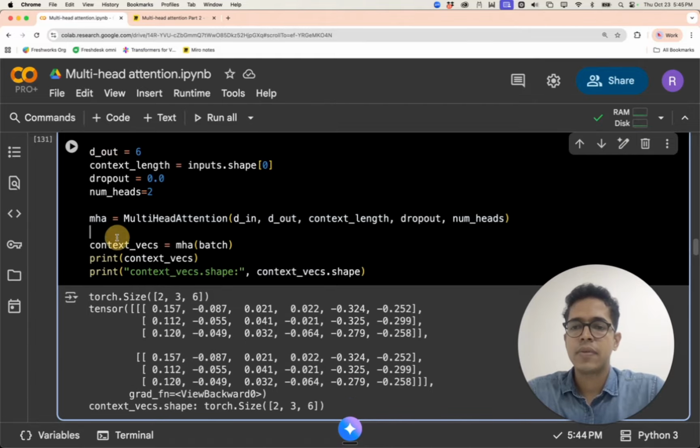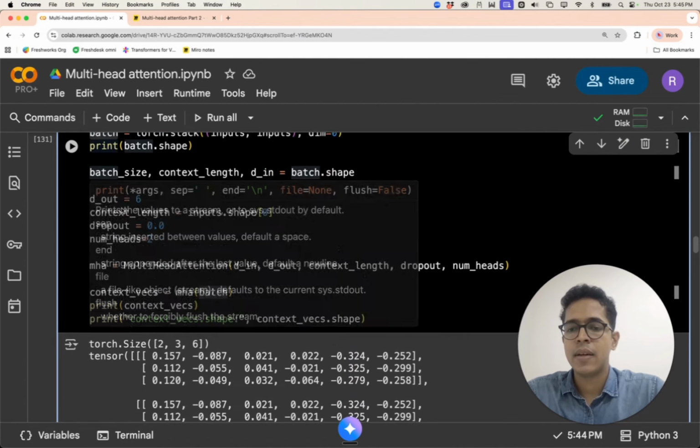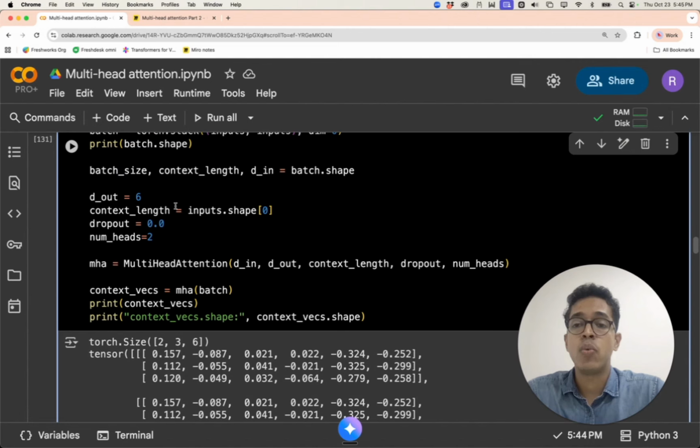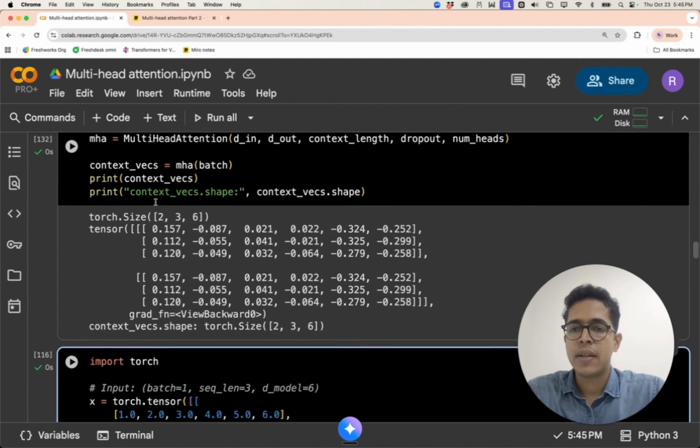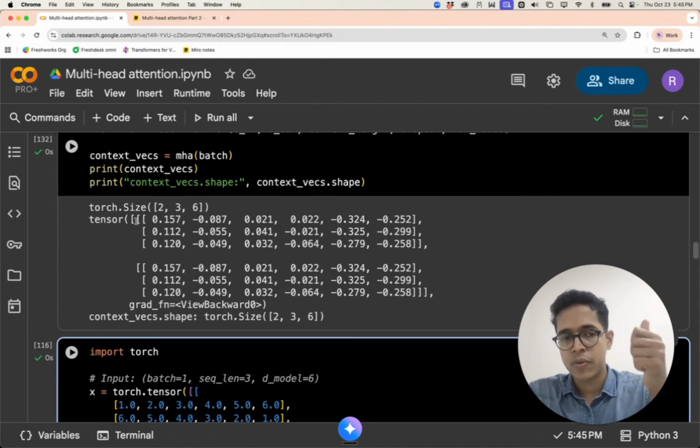And then the context vector is nothing but whatever you get out of multi-head attention when you pass your batch into it. Batch is your input. Batch will be the 2-batch input. Then if I run this, I can print the context vectors. So in the final context vectors, I should have 6 context vectors because my batch size was 2. Each batch had 3 input vectors of 6 dimensions.